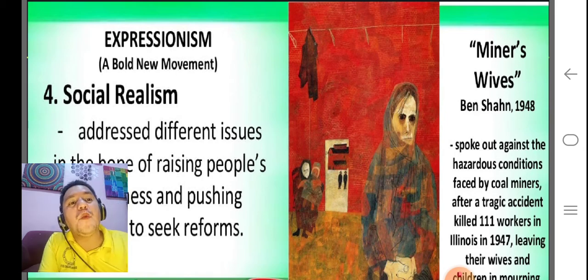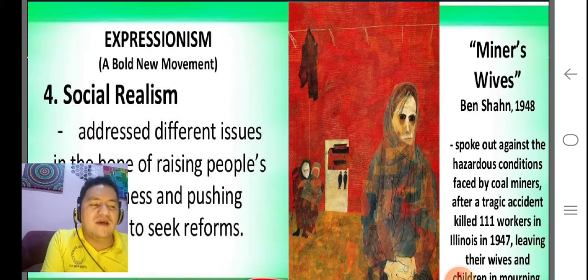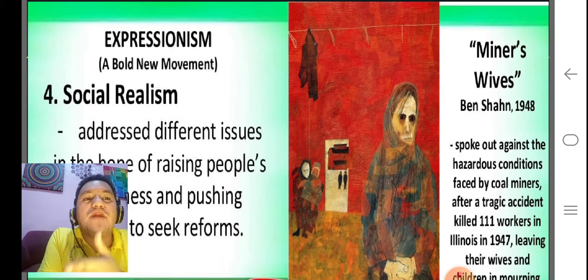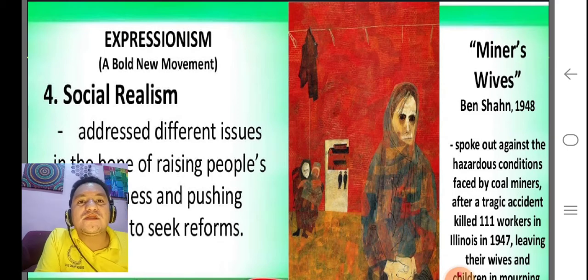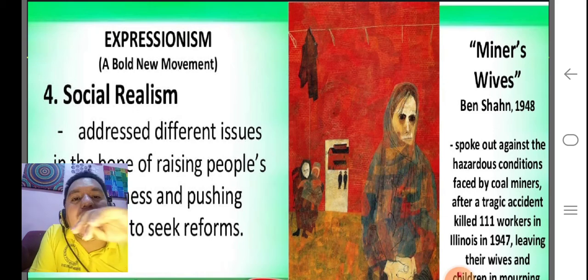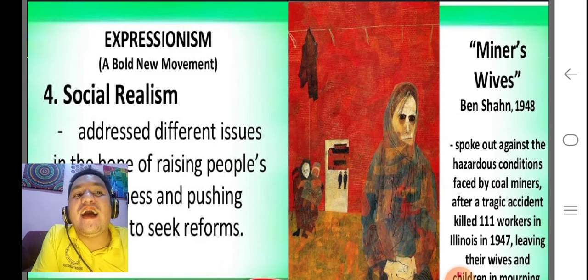Pag sinabi nating mourning, pagluluksa. Okay? Yan, nagluluksa, iniwan dahil sa mga nangyari sa mga miners, coal miners during that time. Namatay yung 111 workers. So, pinapakita doon yung pangit na nangyari. Okay? Pangit na nangyari, kaya social realism siya naka-under.